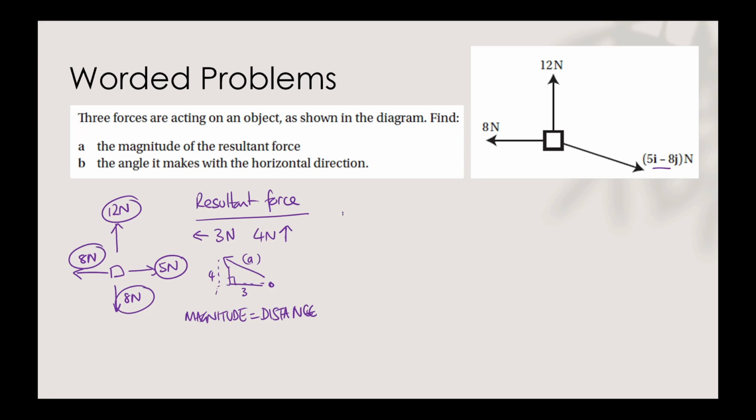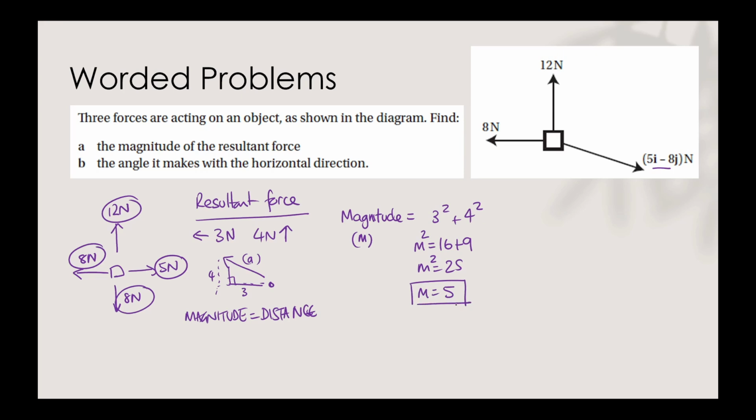So to work out the magnitude, which I'm just going to call m, it's going to be equal to 3 squared plus 4 squared. So m squared is going to equal 16 plus 9, which is 25. And so m is going to equal 5.